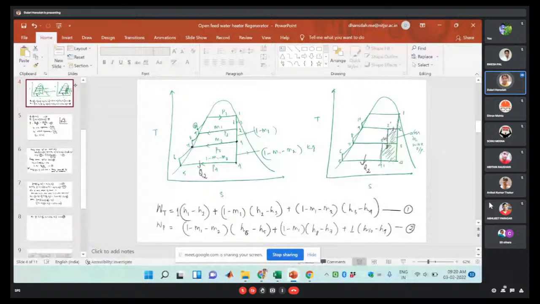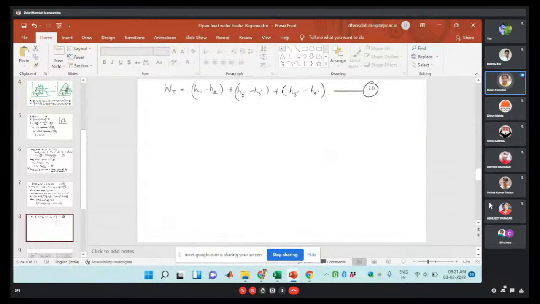Suppose I write that the heat released by the steam condensing from the point 2 to 2 dash is utilized to heat up this water. Then our equation becomes 1 into h2 minus h2 dash is equal to h9 minus h8.